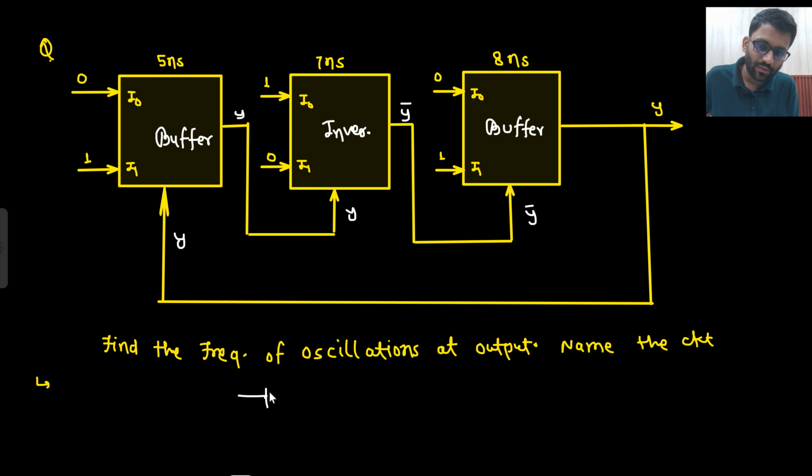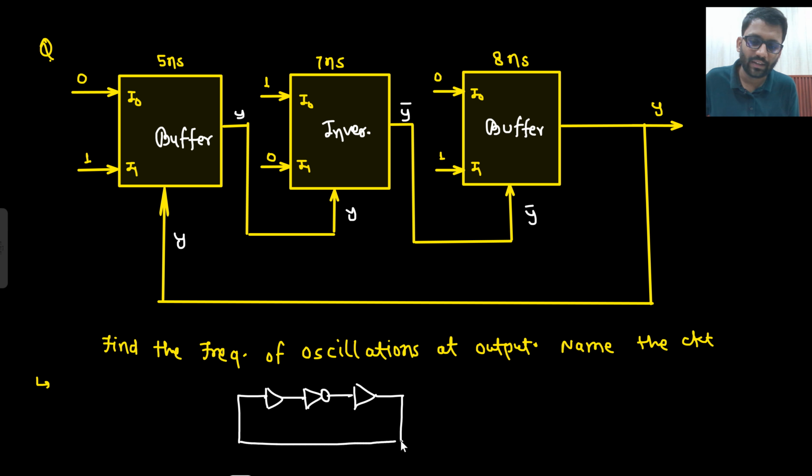This circuit is simply, first there is a buffer, then an inverter, then a buffer. So an odd number of inverters are there in the loop. If there is an odd number of inverters, what does it mean? It is an astable multivibrator or ring oscillator, you can say an astable multivibrator.